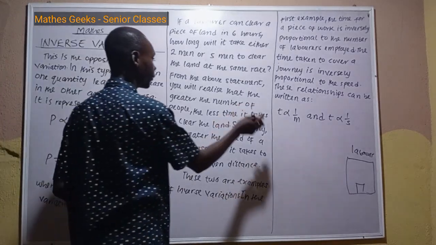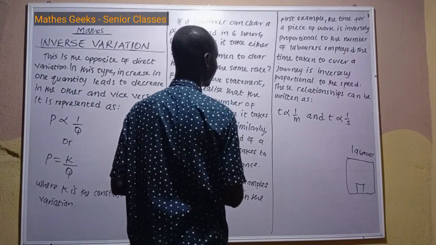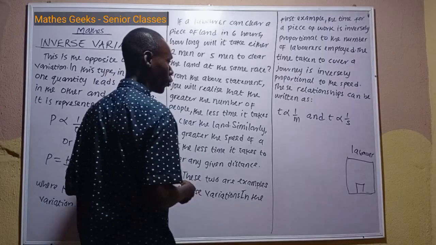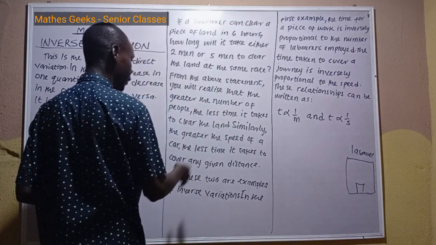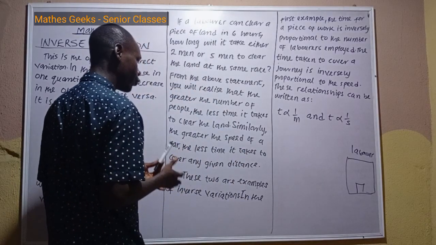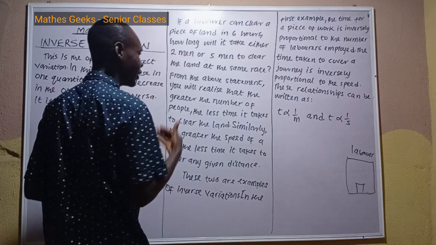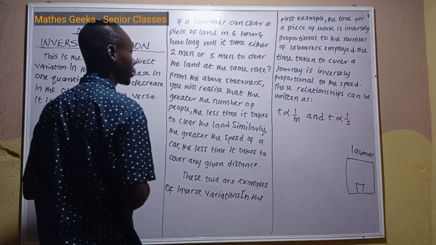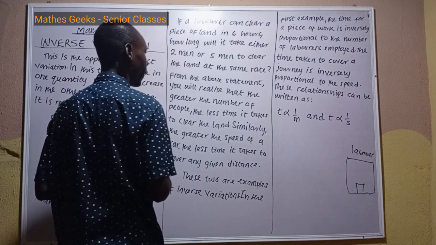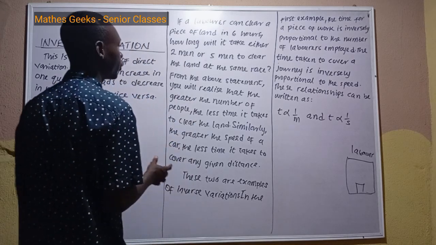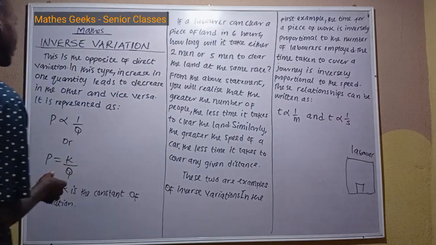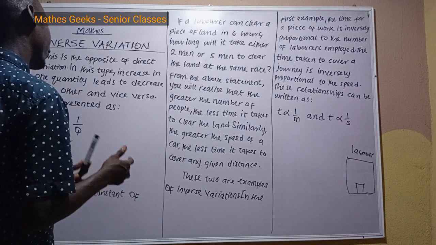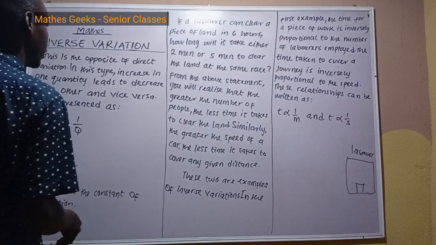So here, an increase in the number of laborers leads to a decrease in the amount of time required to get the work done, and an increase in the speed amounts to a decrease in the amount of time it takes to cover a given distance. So when one quantity increases, the other decreases, and when one decreases, the other increases.